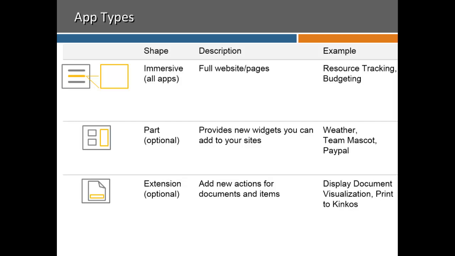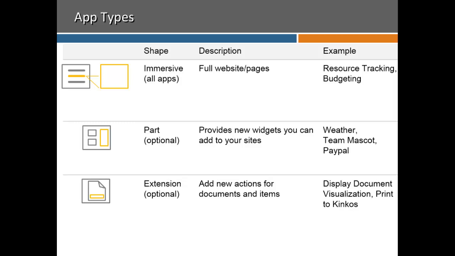So this table basically highlights the different types of apps that you can have. It's the concept of an immersive app, where when the user interacts with them, they're actually navigating into a full website and interacting with pages directly. They actually leave your SharePoint site and go into the app site.